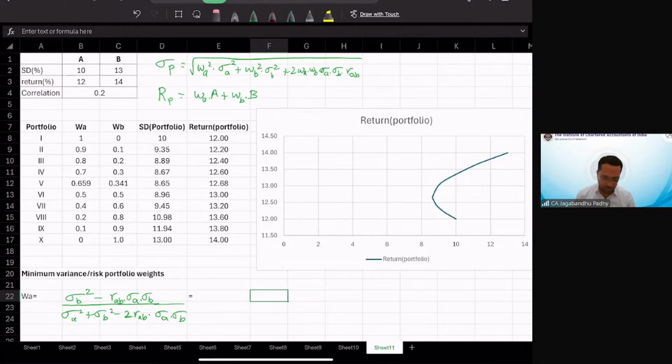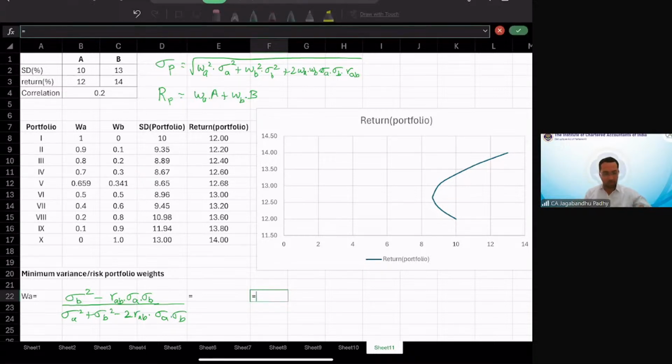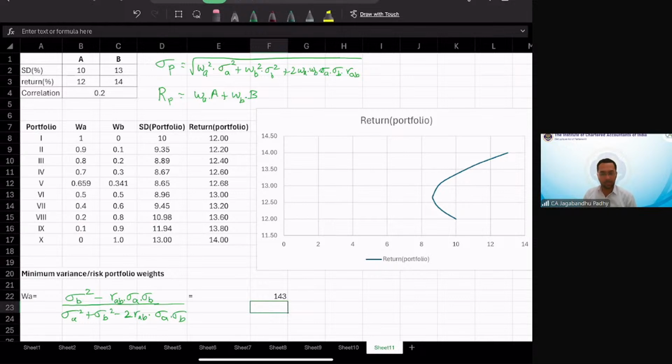Are we getting it the same? Yeah. So it will be weightage of A: standard deviation of B square minus correlation into standard deviation of A into standard deviation of B. That's the numerator.